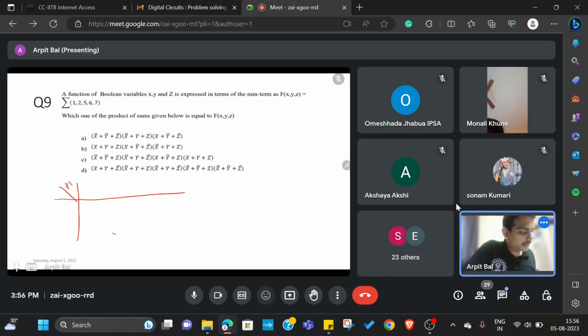So let me write x, y, and one variable here. Construct the Karnaugh map, 0, 0.